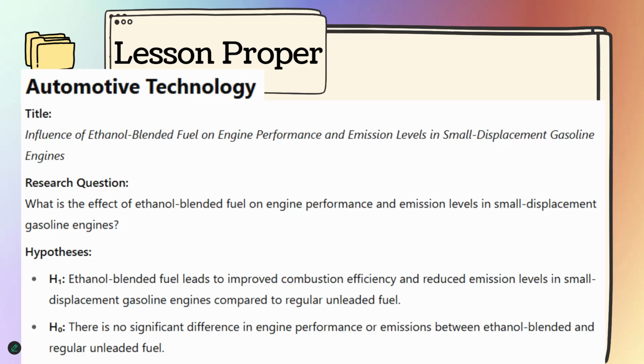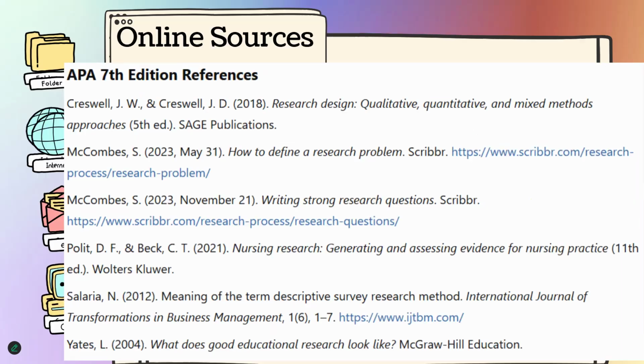Wherein in quantitative research, from the word quanti, which means there are numbers involved in the research. So in the quantitative research, there are numbers and there are tables which will show the results of the experiments or the studies. Okay, so that's our discussion in developing the research title, research question, and the hypothesis.